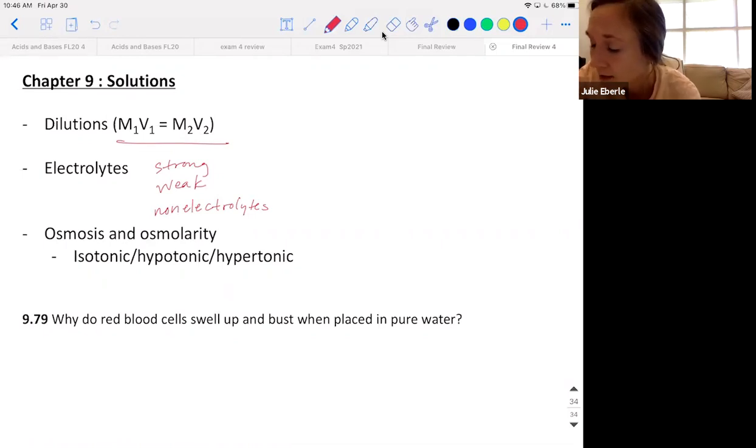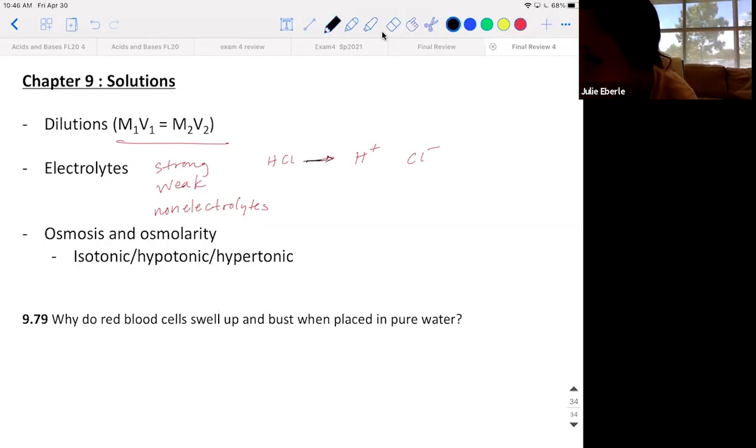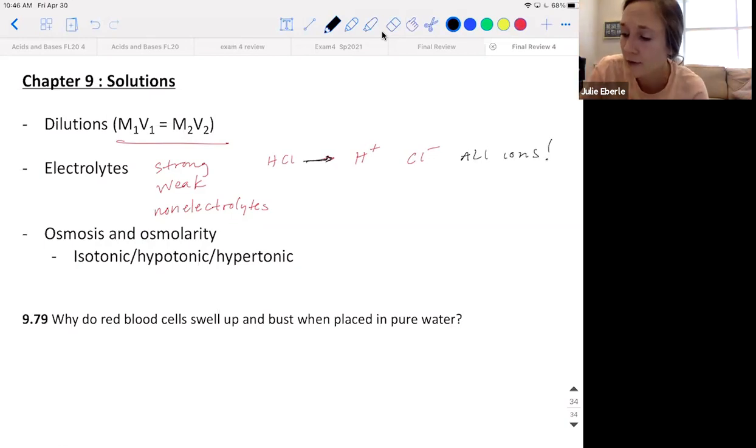So strong electrolytes, that's going to be something like HCl, which would dissolve into H plus and Cl minus fully. You get one single arrow there. That's the main thing. So what that means is you get all ions. You have no reactant left.